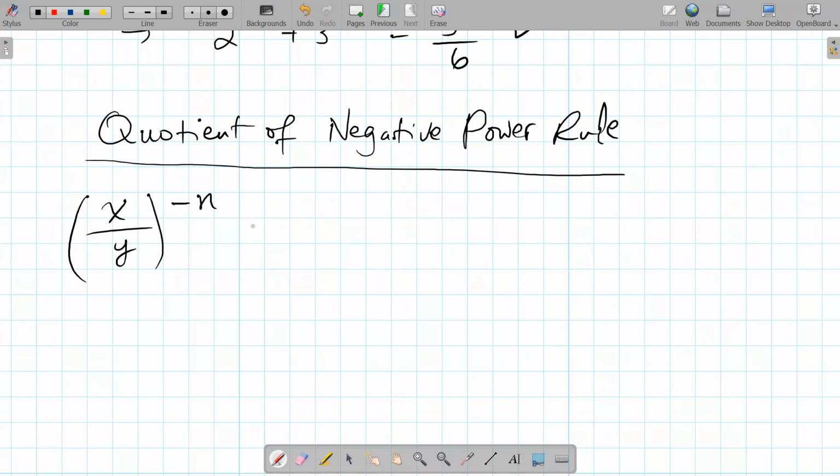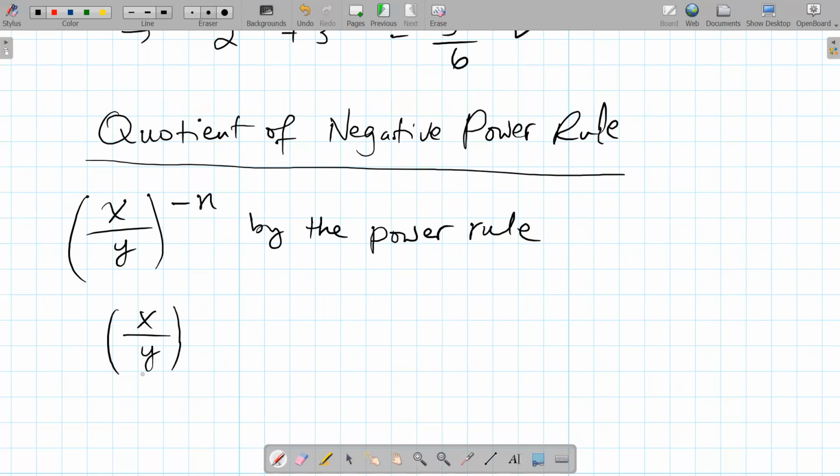Now remember that by the power rule, we can rewrite this as x raised to negative n over y raised to negative n.